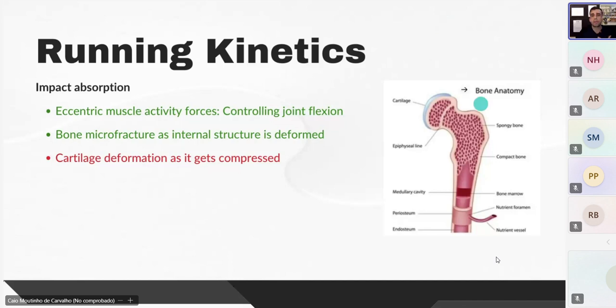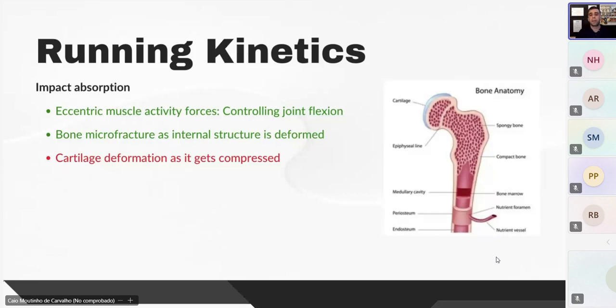Microfractures, as you know, our bones have spongy bone on the extremities. They have some space for any kind of shock, or any kind of contact, a harder contact that we do have.